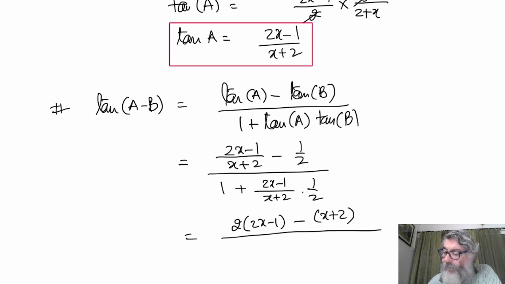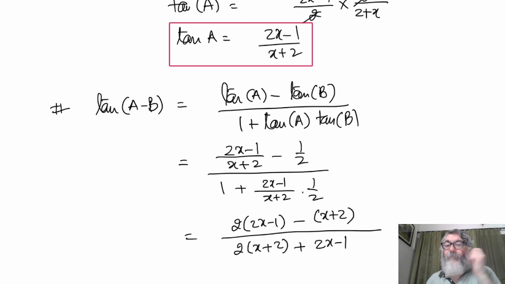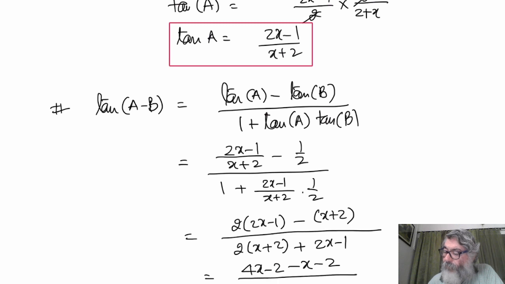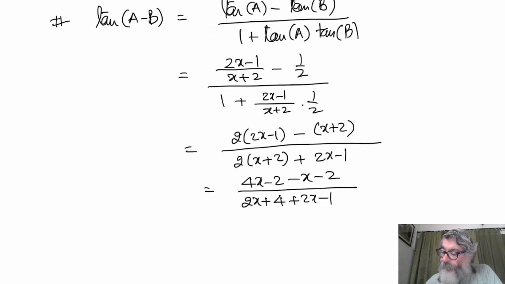And in the denominator, I will get 2 into (x plus 2) plus (2x minus 1), because both the LCMs will cancel with each other. So I'll get (4x minus 2 minus x minus 2) upon (2x plus 4 plus 2x minus 1). That means I'll get (3x minus 4) upon (4x plus 3).